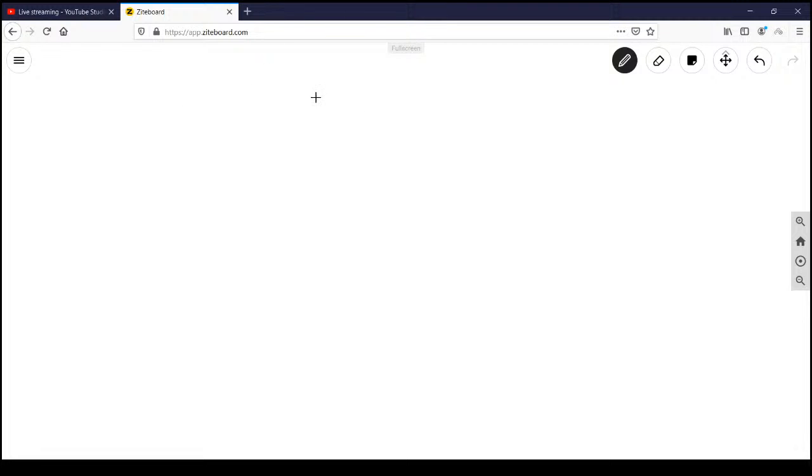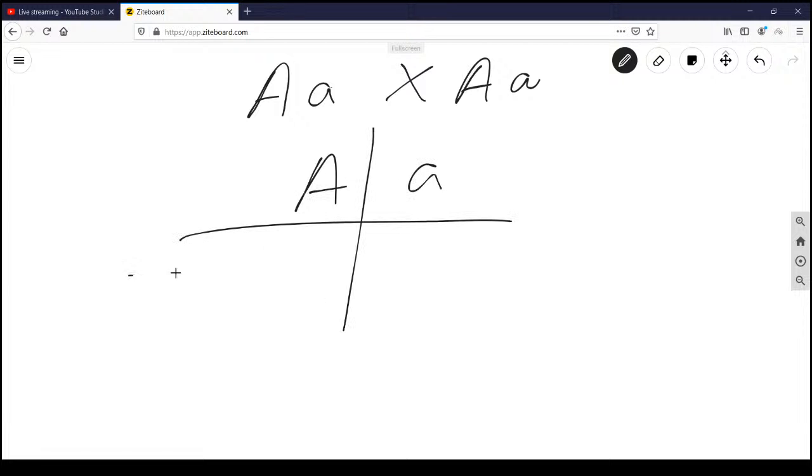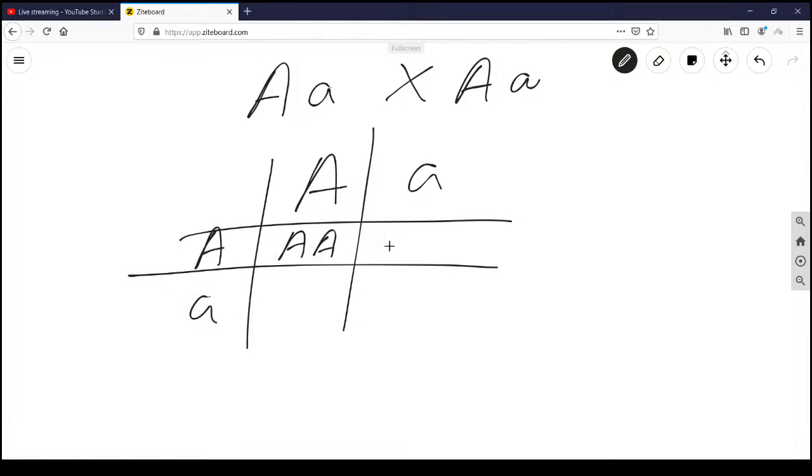Suppose I am crossing this one with this one. What I'll be getting is a monohybrid cross, so A, then here capital A, capital A, small a, small a, small a.